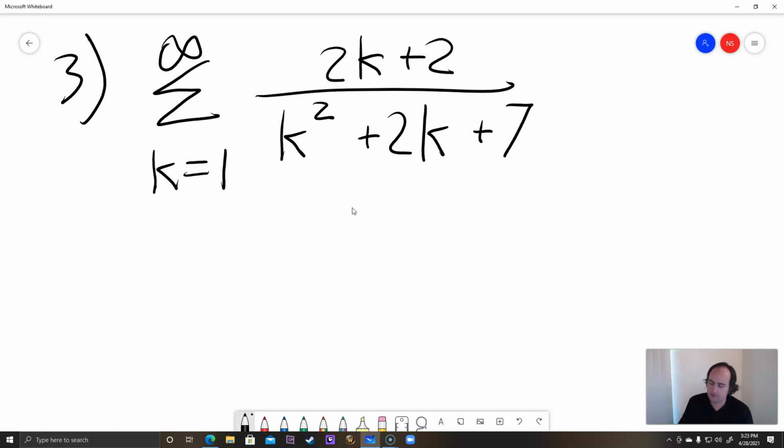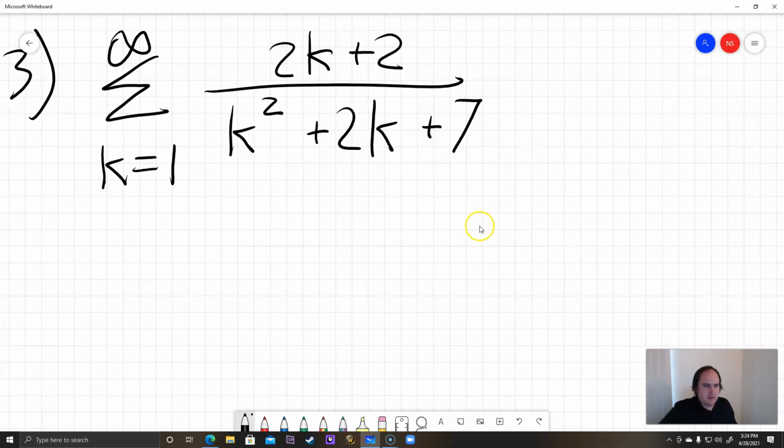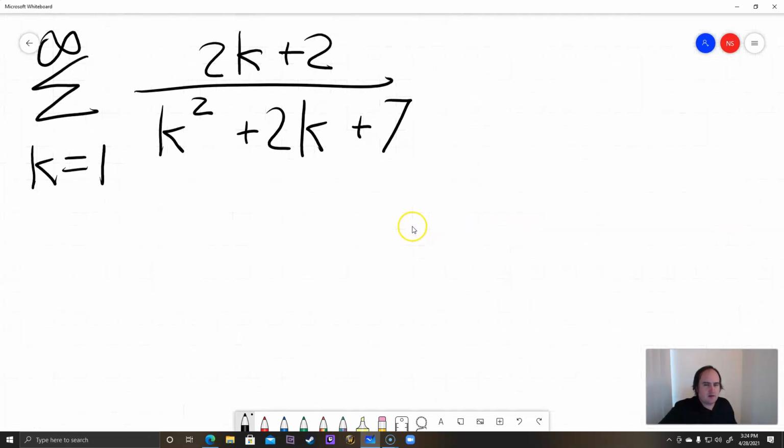Okay, so the sum from k equals 1 to infinity of 2k plus 2 all over k squared plus 2k plus 7. Now I'm just going to help you set this up, but I don't want to take all the fun out of it. So I'm going to let you work the rest of it out on your homework.